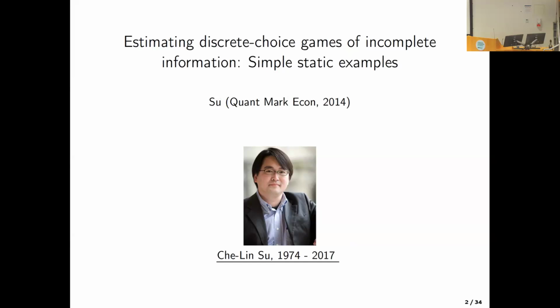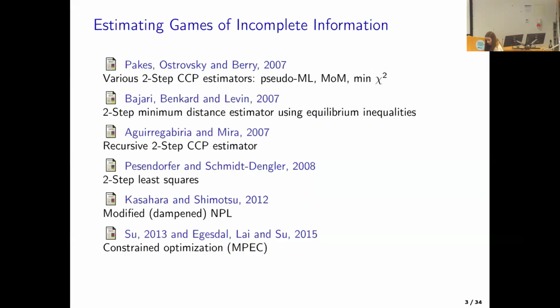Unfortunately, Qilin's not with us anymore, so you have to do with me. But he makes this very nice, clear comparison. So that's what I'm going to go through. Essentially, we're going to compare this horse race of different estimation methods, or at least a subset of what he is doing. So a variety of different two-step estimators.